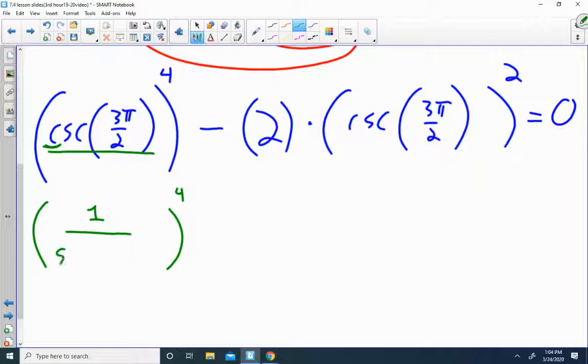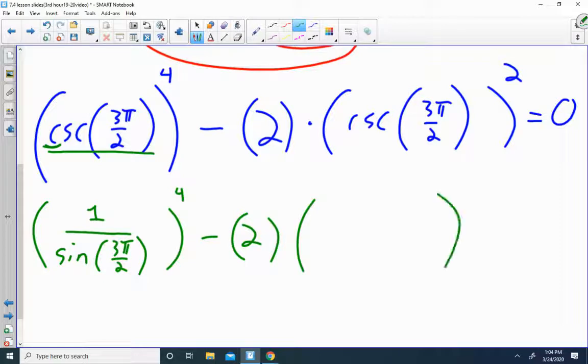In this case, its twin is sine. So take its twin, flip it, and that's how we'll find that answer: 1 over sine 3 pi over 2, to the 4th. And we'll do that over here as well: 1 over sine 3 pi over 2, and that's all going to be squared.